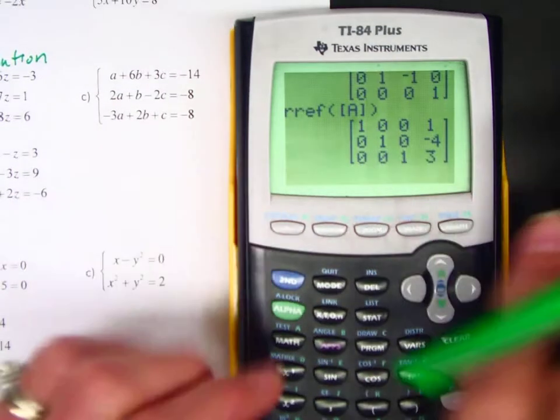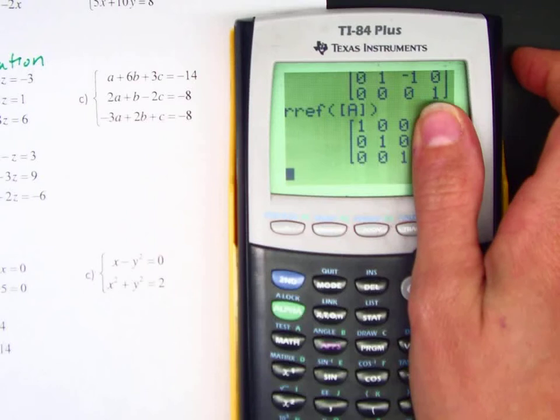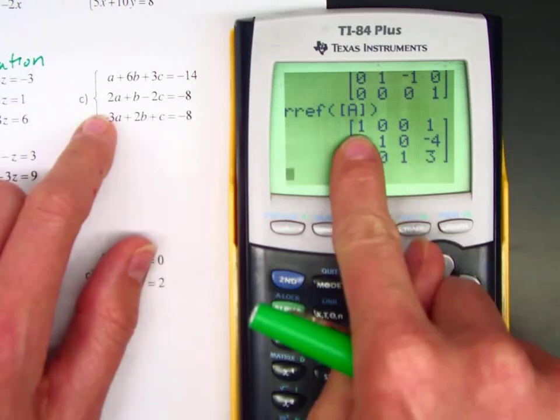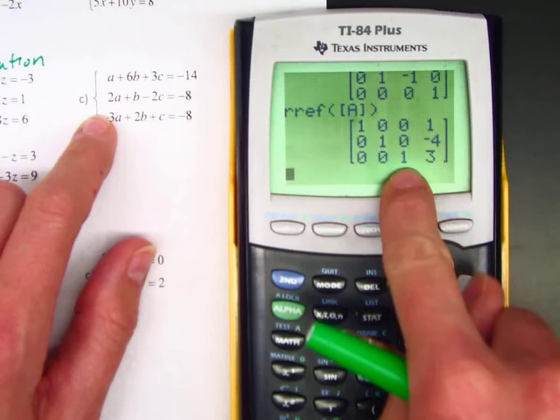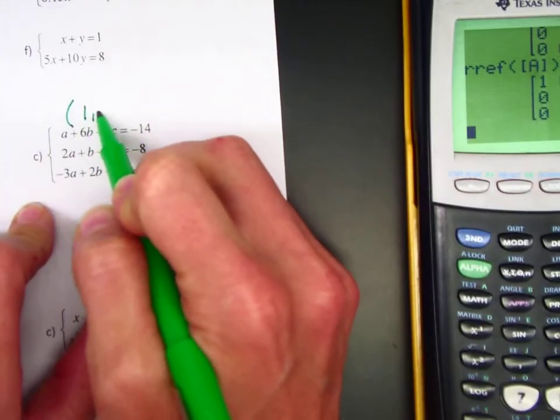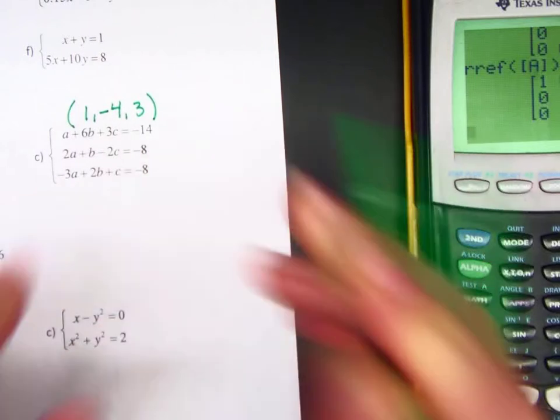So for this one, this is awesome because I have all zeros except for the diagonal. This means I automatically have my x, my y, my z, because I have 1x equals 1, 1y equals negative 4, z equals 3. So my final answer for this one is 1, negative 4, 3.